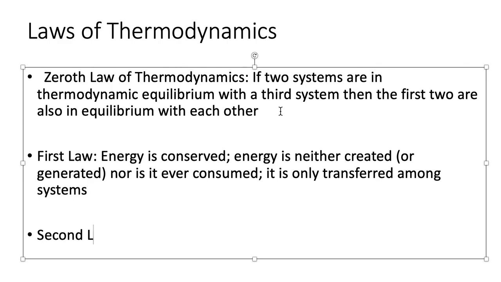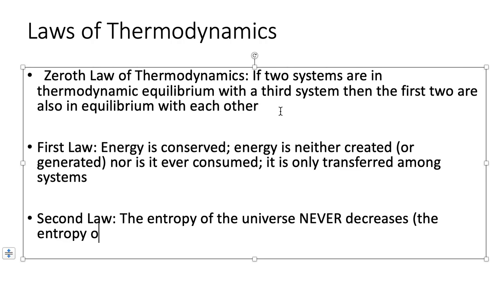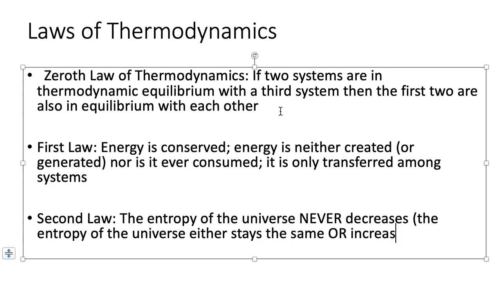And then the second law is that the entropy of the universe, again, the universe being the system plus its surroundings. So there's a system, there are the surroundings, which is everything that's not the system, and therefore together the system and the surroundings make up the universe. The entropy of the universe never decreases. And an equivalent way of saying that is that the entropy of the universe either stays the same or increases.